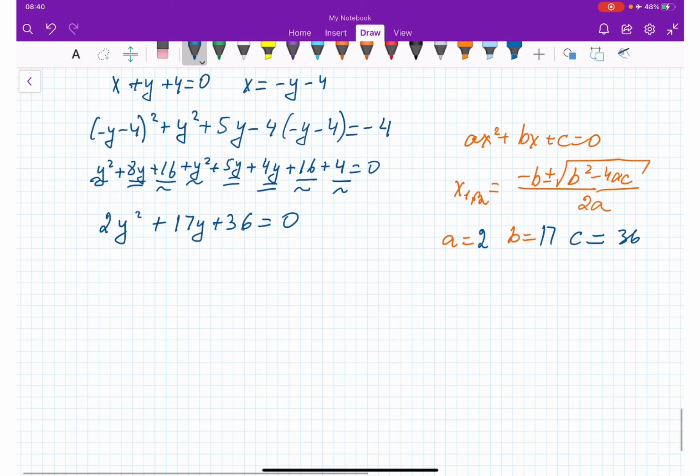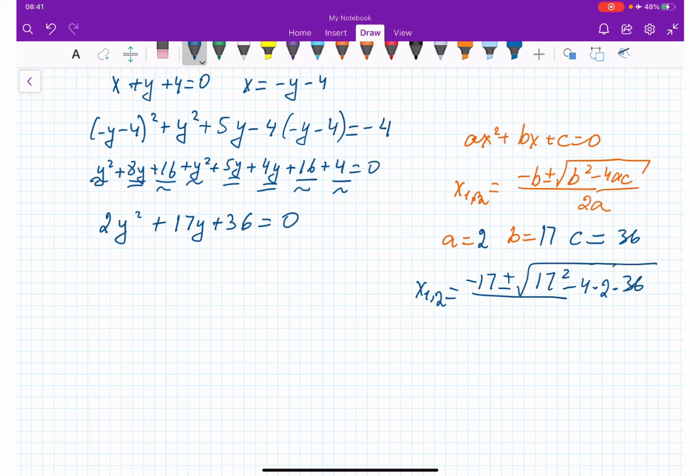All right, so x1,2 is equal to negative b, negative 17, plus or minus the square root of 17 squared minus 4 times a times c, divided by 2a.